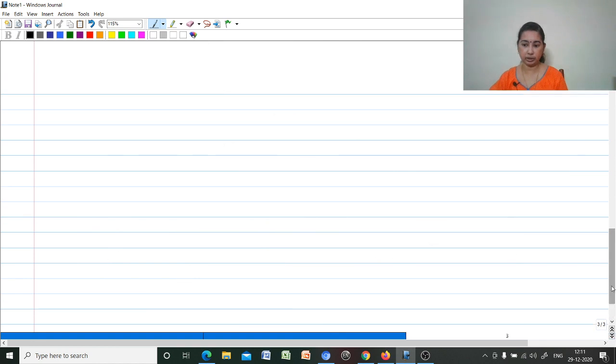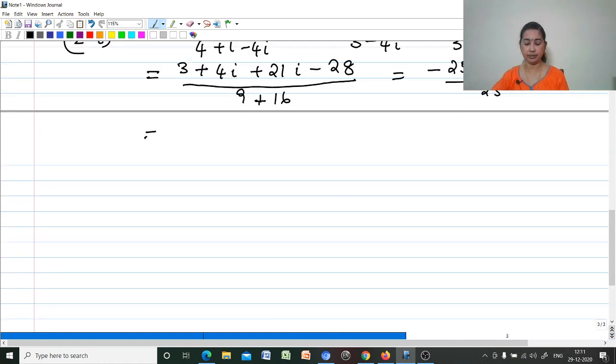Now cancelling the 25 in the numerator and denominator, we are getting minus 1 plus i. Now it is in the complex number form.